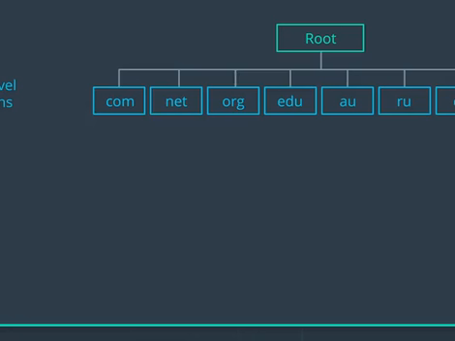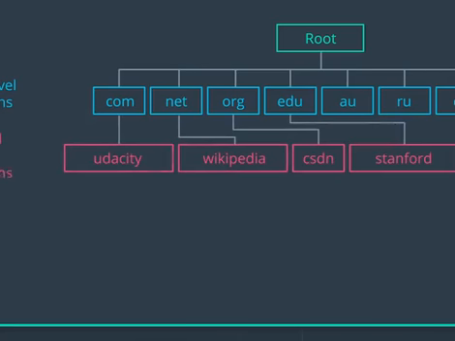These include generic top-level domains such as .com, .net, .org, .edu, along with country code top-level domains such as .au, .ru, .cn, and .ae. For each of these, there are second-level domains.